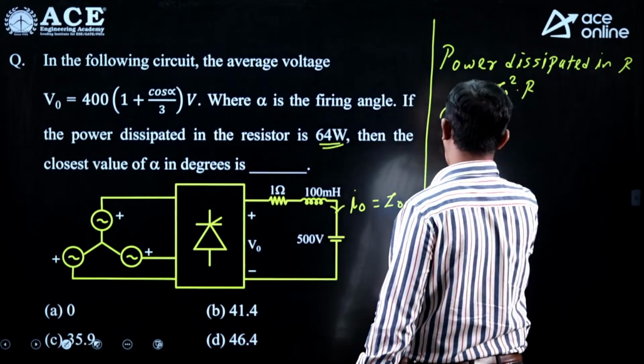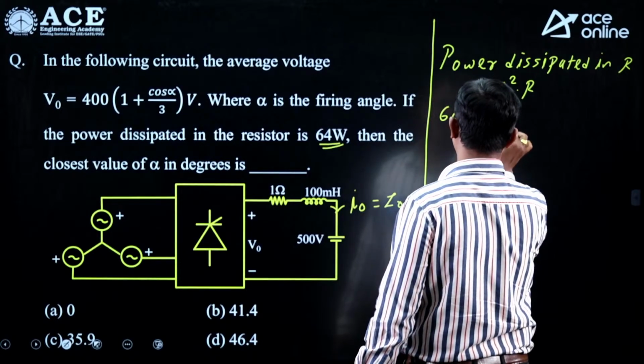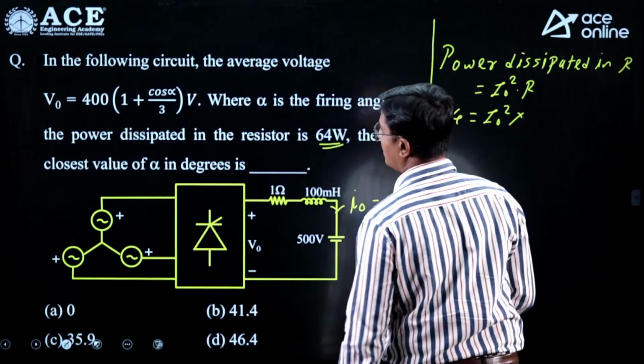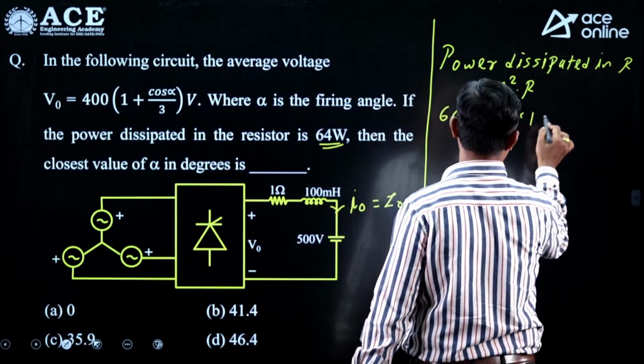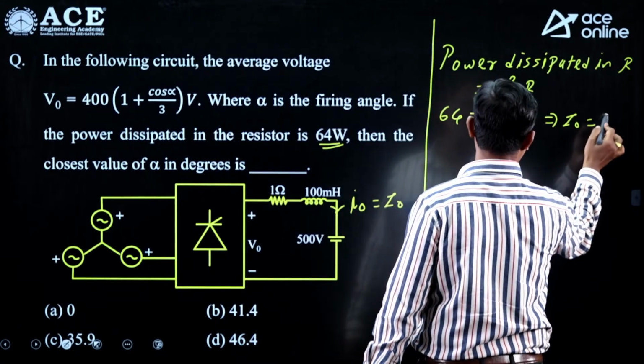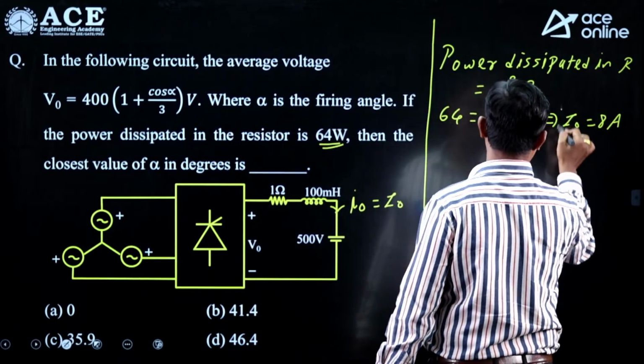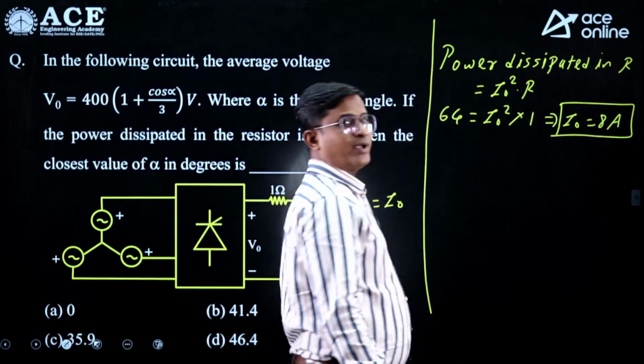So 64 equals I0 square into R. R is 1. So simplify this, you will get I0 equal to 8 ampere. So my load current is now 8 ampere.